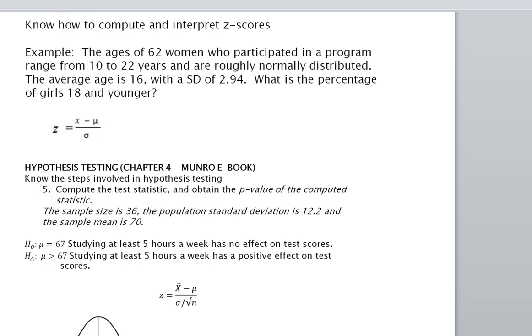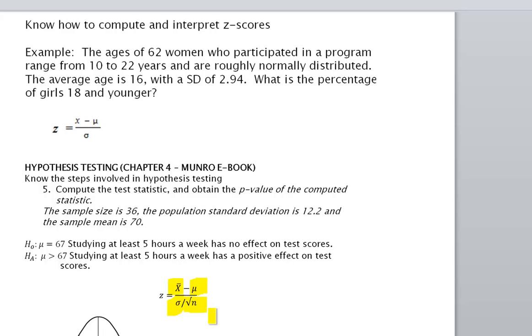So what we want to do here, let me highlight. We have X bar, which is the sample mean, so that is many data points and the average of them. Then we subtract the population mean, and we divide that all by the population standard deviation divided by the square root of the sample size, which is n.